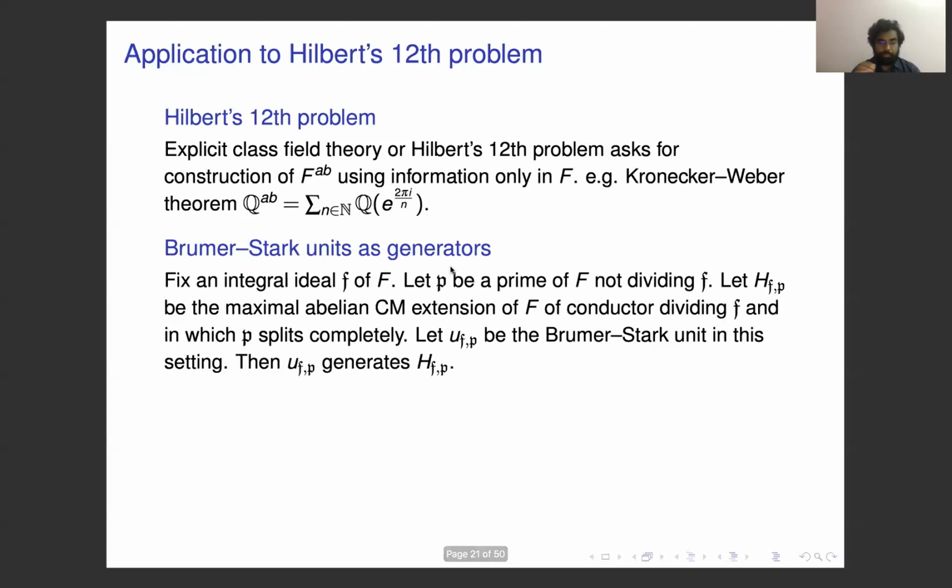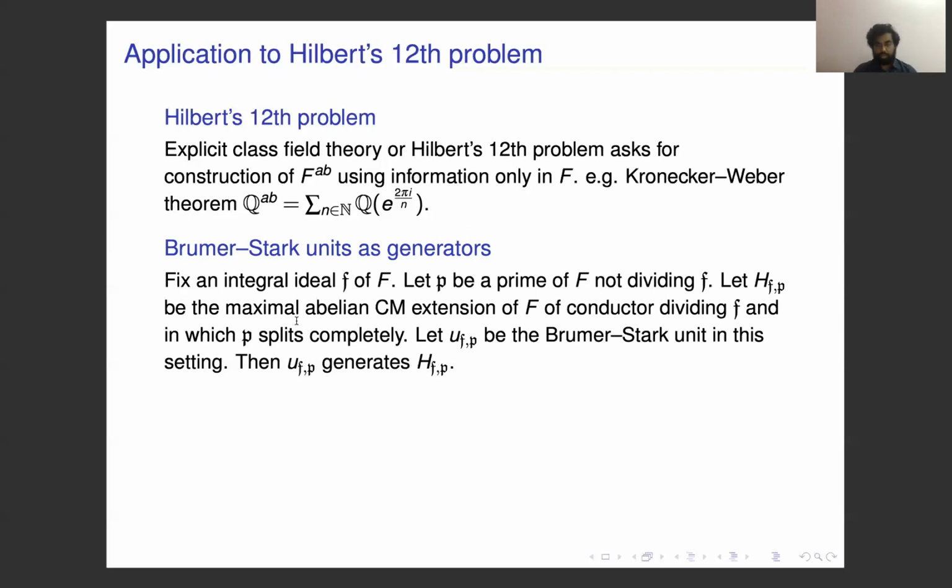Okay, so what is the significance of the Brumer-Stark conjecture for Hilbert's 12th problem? Well, if I fix an integral ideal f of my totally real field F, I take a prime P of F which does not divide f, so it's coprime to f, and let H_{f,P} be the maximal abelian CM extension of F whose conductor divides f and in which P splits completely.